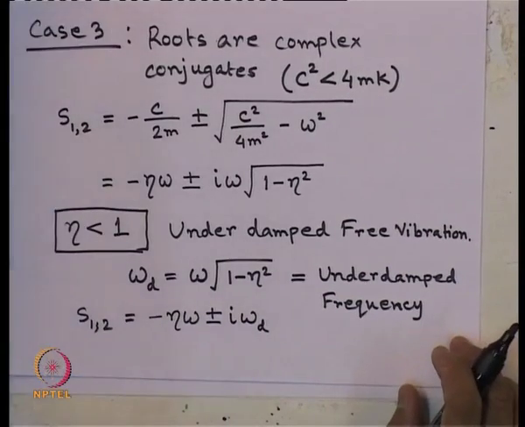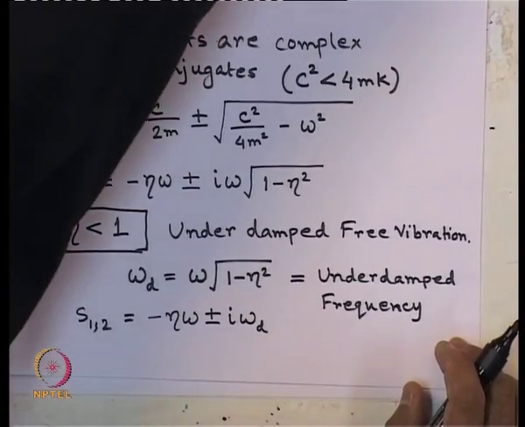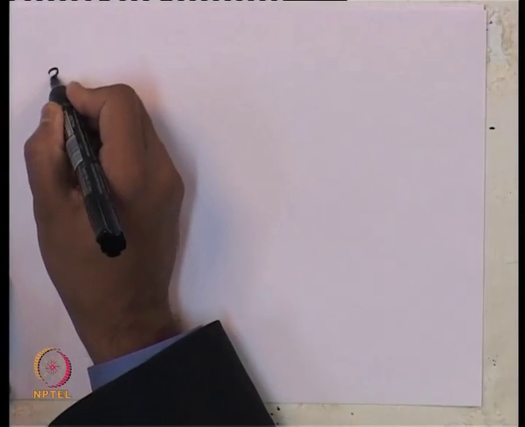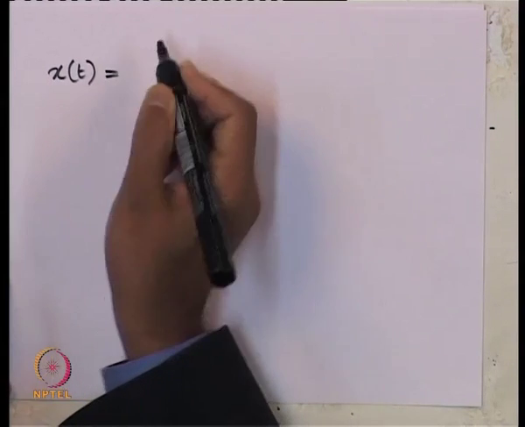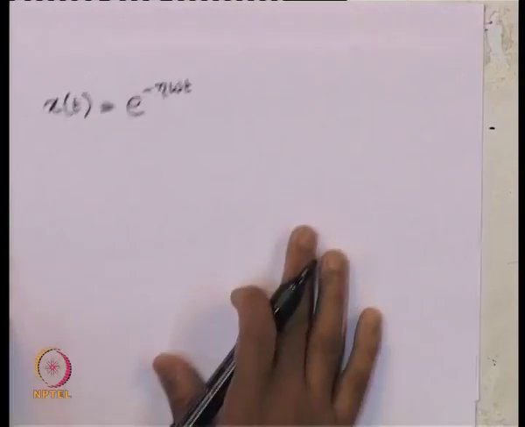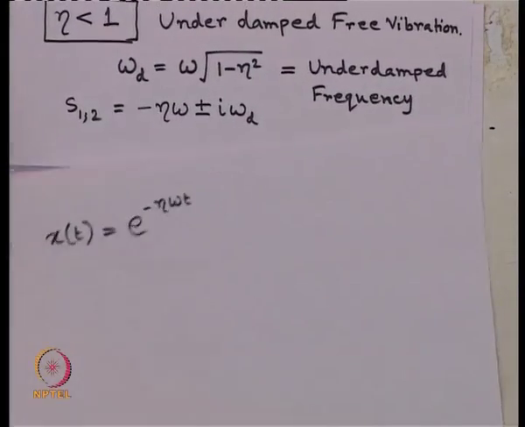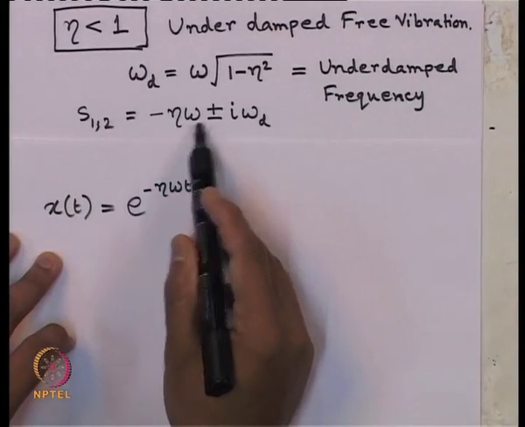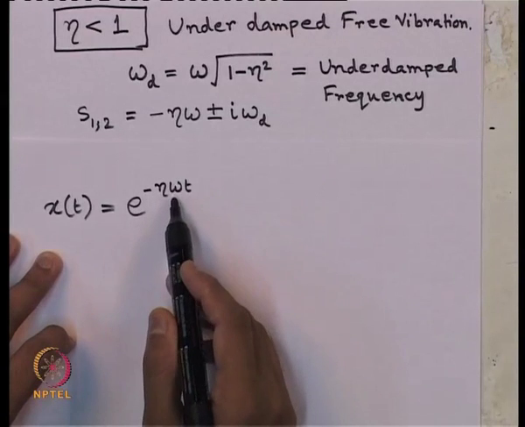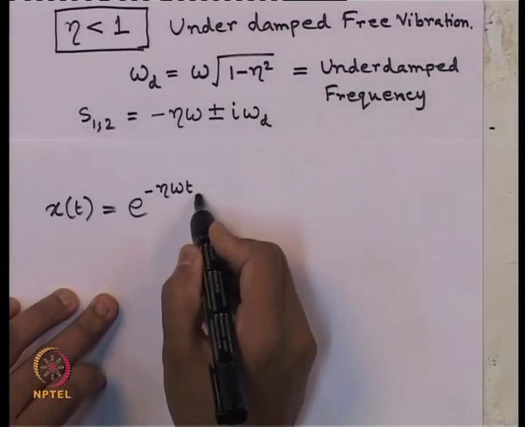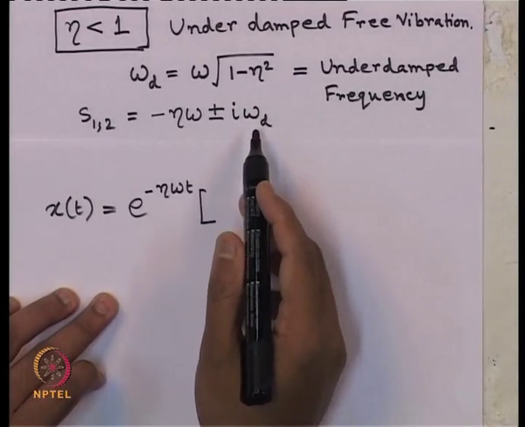So, if we have two roots like this, what should be the solution? Let us see. So, the solution will be x of t equals e to the power minus eta omega t. Let me show the roots once again here, so that it will be easy for us to follow. So, this function S1 or S2, e to the power minus eta omega t times, we have imaginary function.